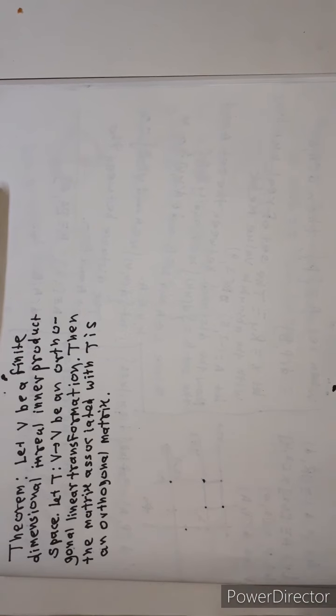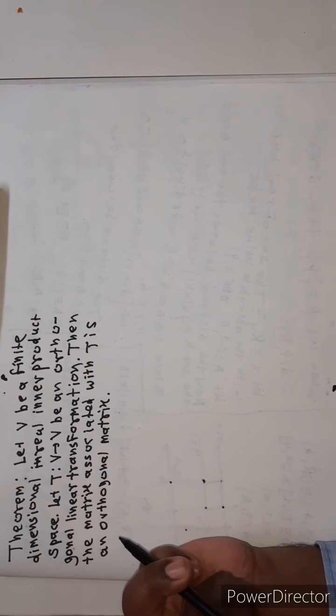Now see, actually this theorem means that if T from V to V is an orthogonal linear transformation, then the matrix associated with T with respect to some orthonormal basis is an orthogonal matrix. Actually this is the theorem. See here, what is the theorem?